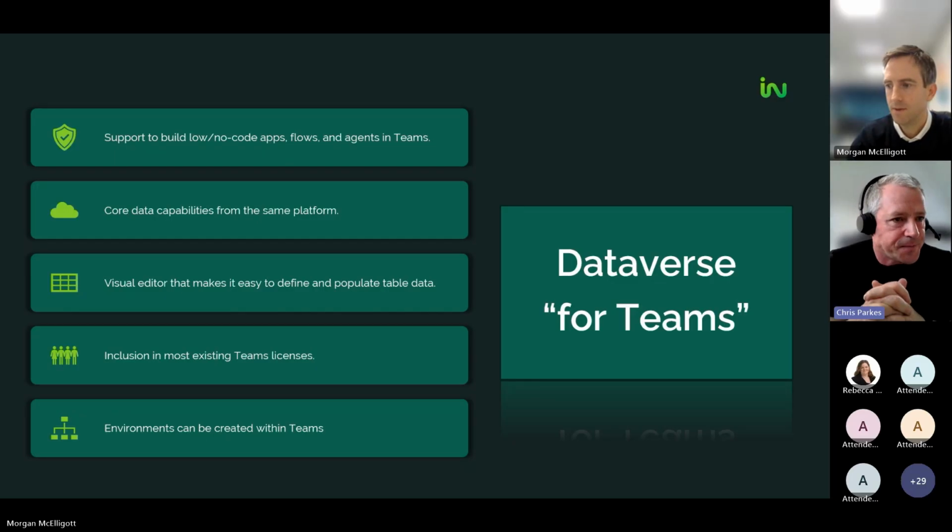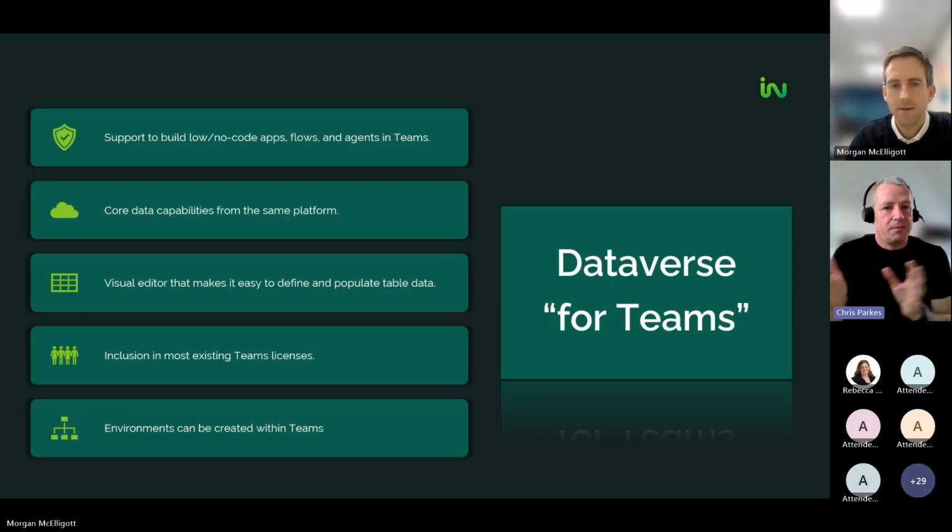That says that within what they call modern workplace, so Microsoft 365 and Office 365 and Teams, anybody should be able to go in and start using these capabilities. So they've made it available very broadly across all of Microsoft 365, Office 365, and Teams, and said, there you go, do your worst or do your best, depending on where it is.